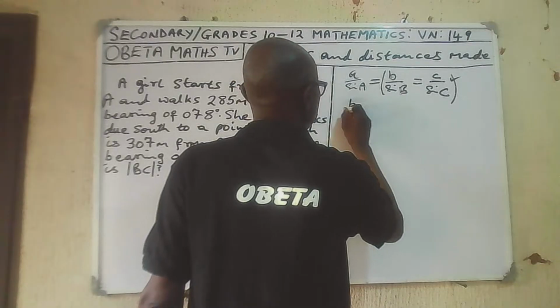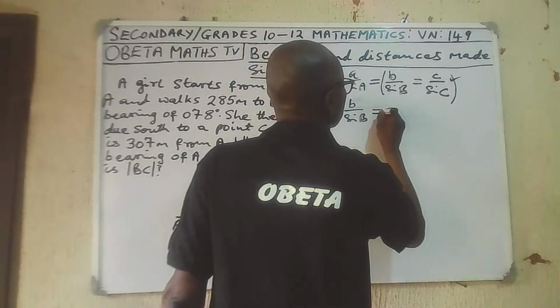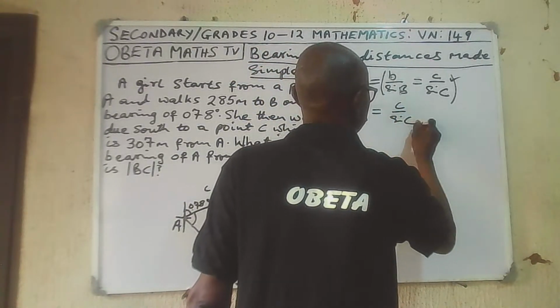So B over sine B is equal to C over sine C.